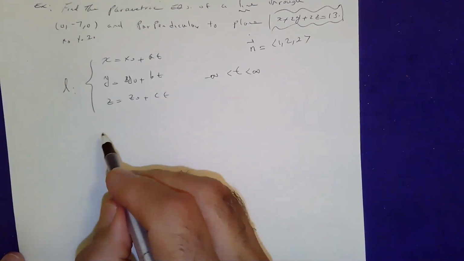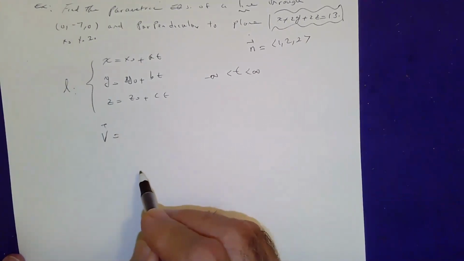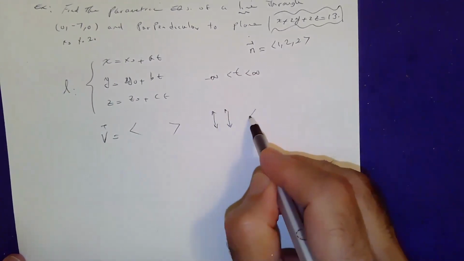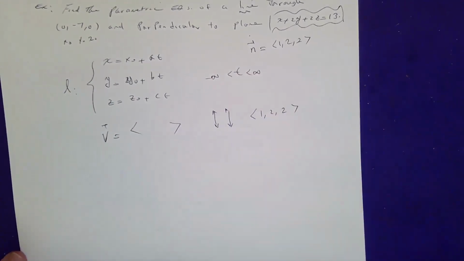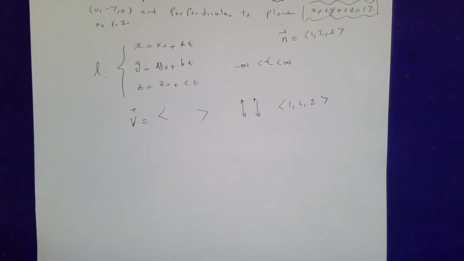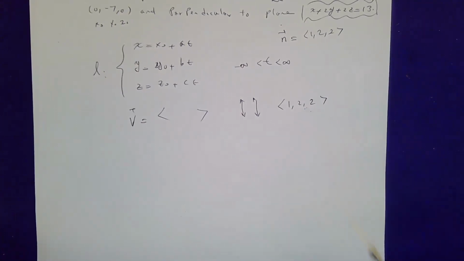So now, give me a vector which is parallel to 1, 2, 2. Ready? Go. 2, 4, 4.